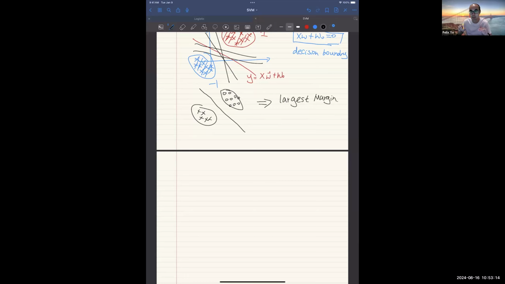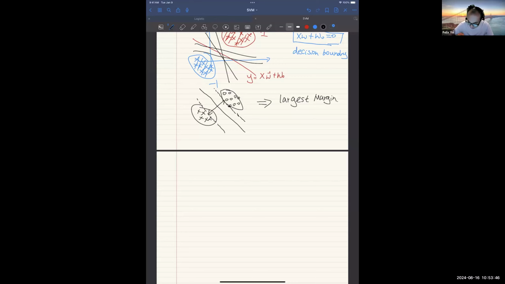Meaning that there will be no instances landing within this margin right here. You can think about this as my right margin, and the left margin right here. And you can see right here, this is my margin. If we choose this decision boundary, this margin will be really big.